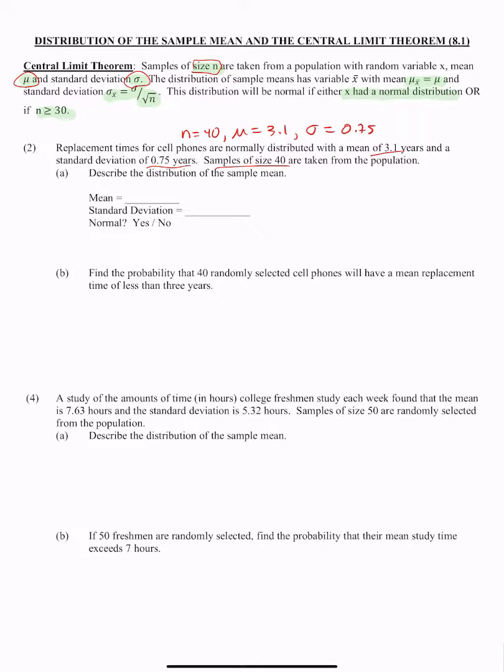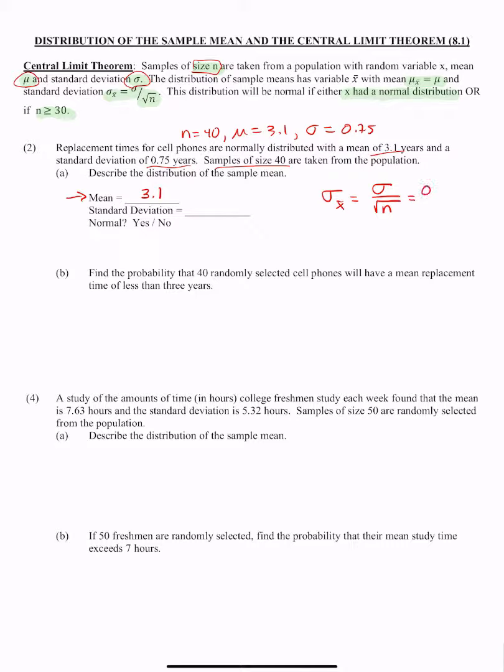Now we have to consider the next three things that I highlighted. What was the mean? Well, the new mean is the same as the old mean. So the mean was 3.1 and the mean stays 3.1. The standard deviation was 0.75. The standard deviation for the new distribution for sample means is equal to the old standard deviation divided by the square root of the sample size.